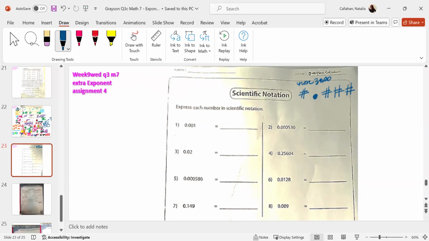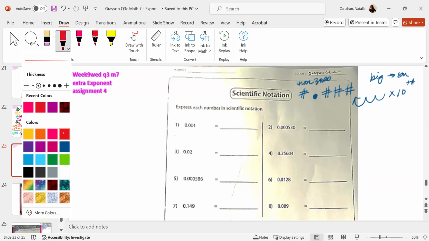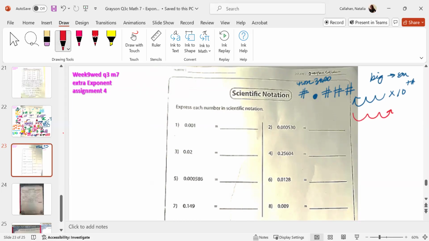If you go this way, which is making a big number smaller, you always times 10 to a positive number. Do you understand? On the other hand, if you move your decimals to the right, which is making a small number to a bigger number, times 10 to a negative exponent. Does that make sense?